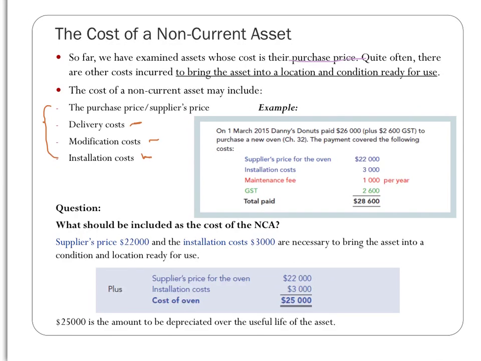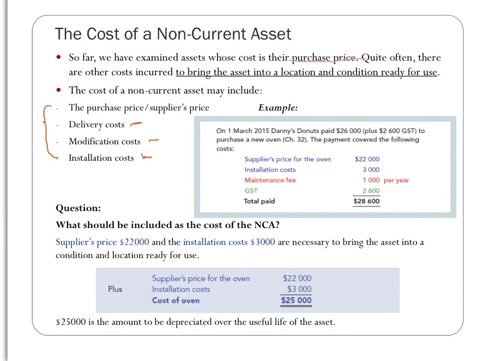So on 1st March 2015, Danny's Donuts paid $26,000 plus $2,600 GST to purchase a new oven, check number 32. The payment covered the following costs. The supplier's price for the oven was $22,000.